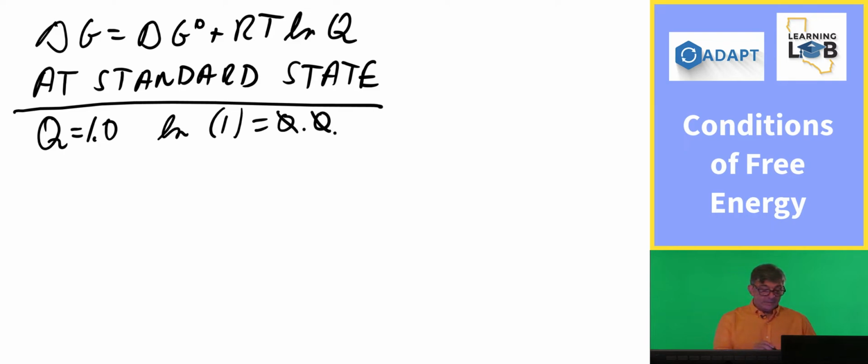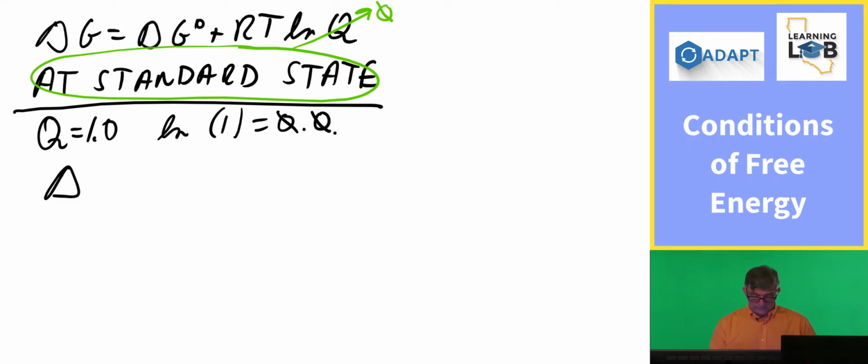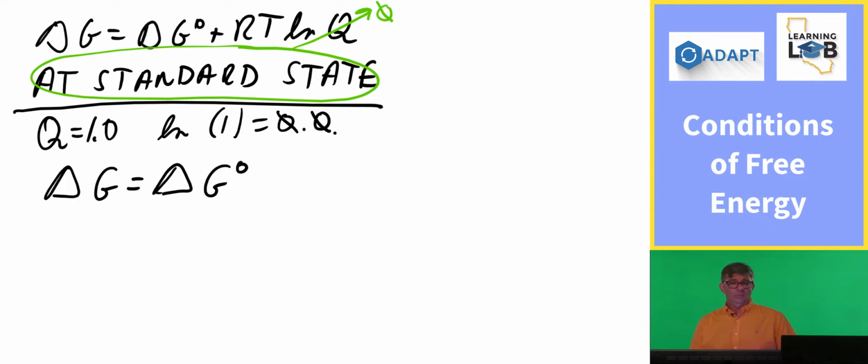And so under standard state conditions, the natural log of Q is 0, and therefore our relationship is delta G, the free energy, equals the standard state free energy. So it's self-consistent: at standard state, the free energy for the reaction equals the standard state value.